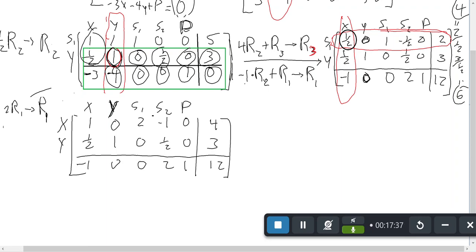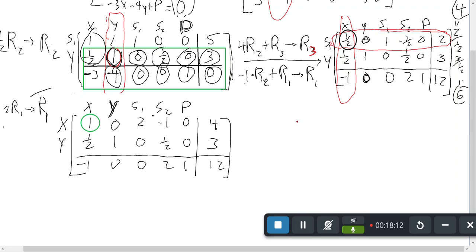Now what are we going to do? We're going to identify our 2 row operations that are going to get zeros where they need to be. Remember that this was our pivot position right there, so we're trying to get these entries down here to be zeros. We're going to multiply the pivot row by additive inverses.